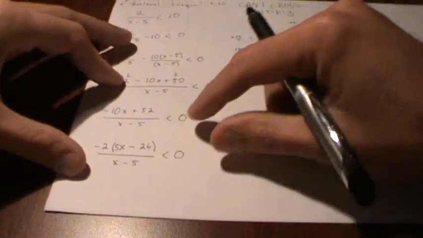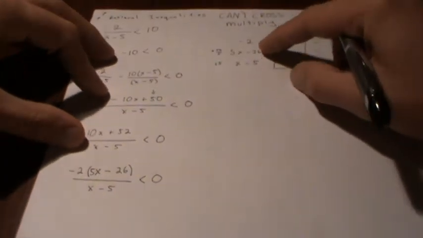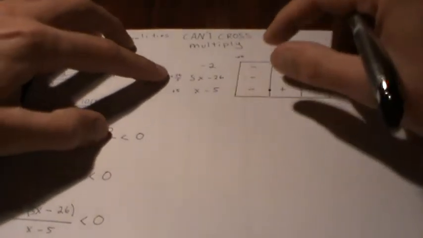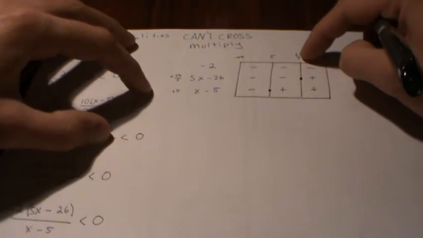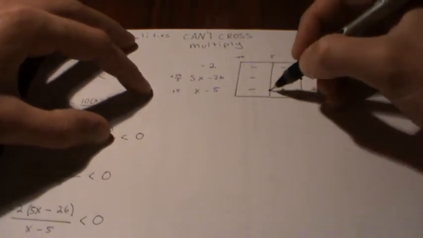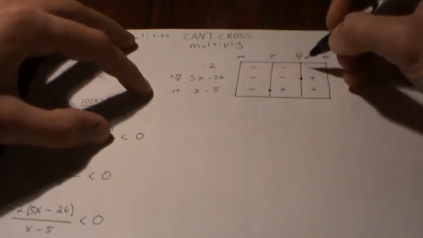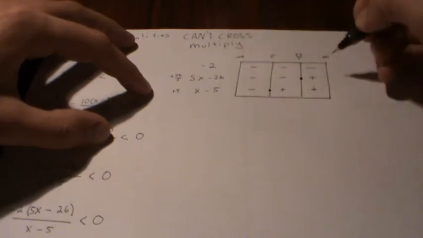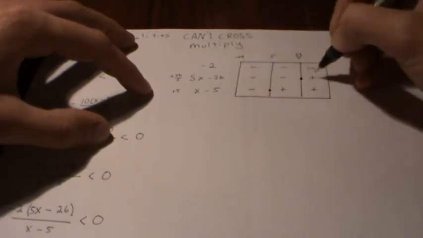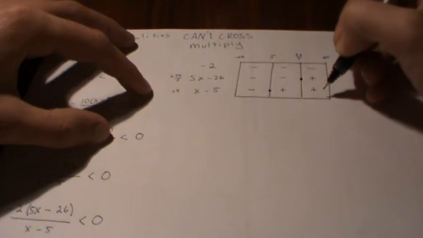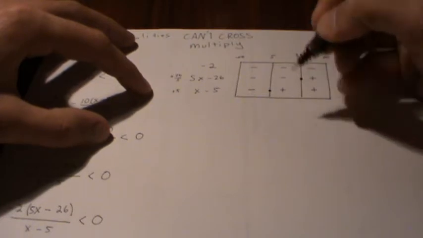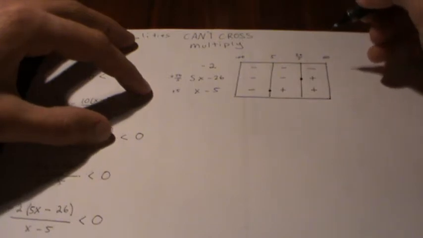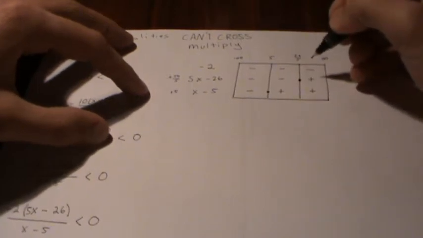The factors get written here, then the zeros of these factors, then you write the dots corresponding with each factor and fill in your positives and negatives. It's a lot of steps, but if you've practiced last chapter, this should be pretty easy.